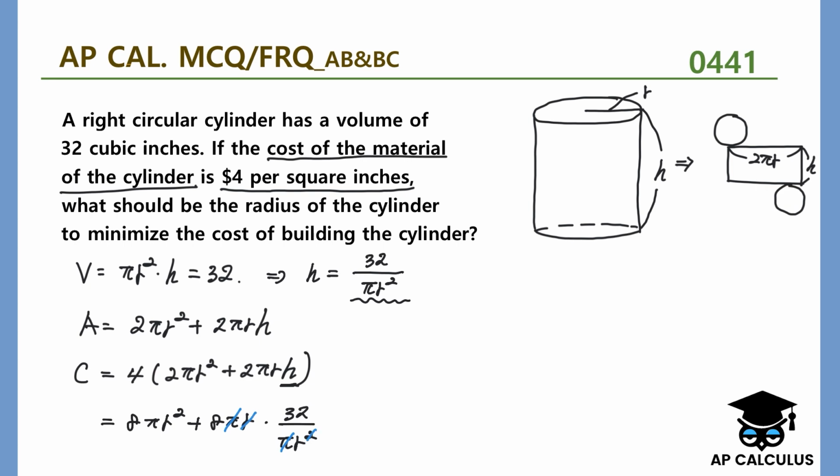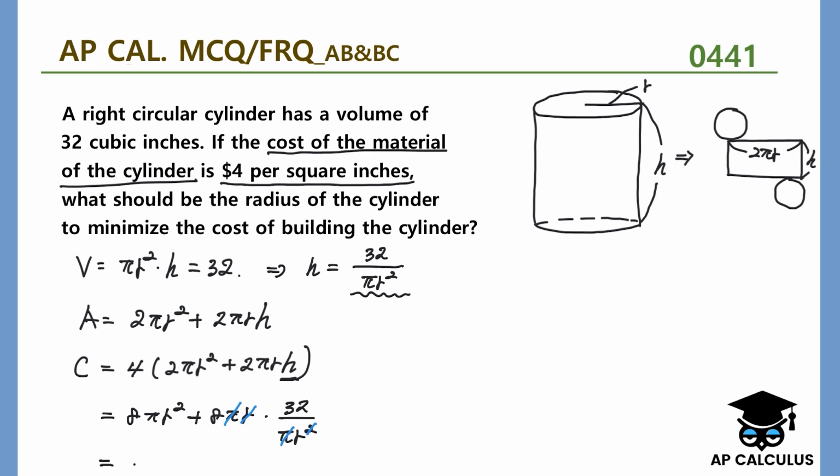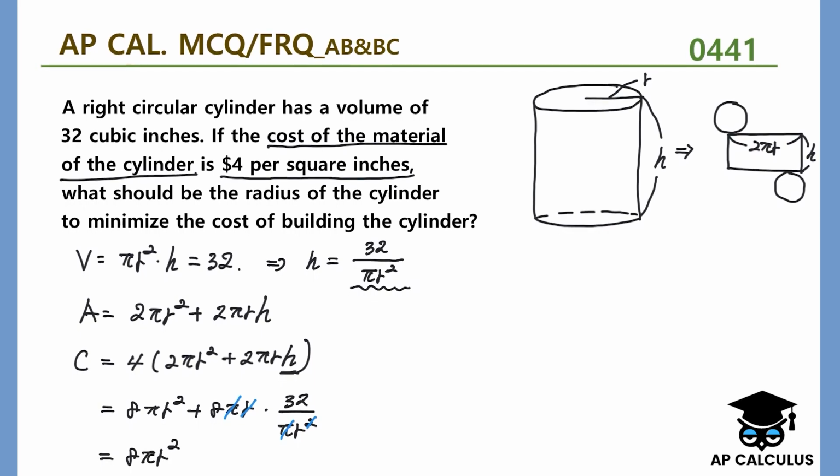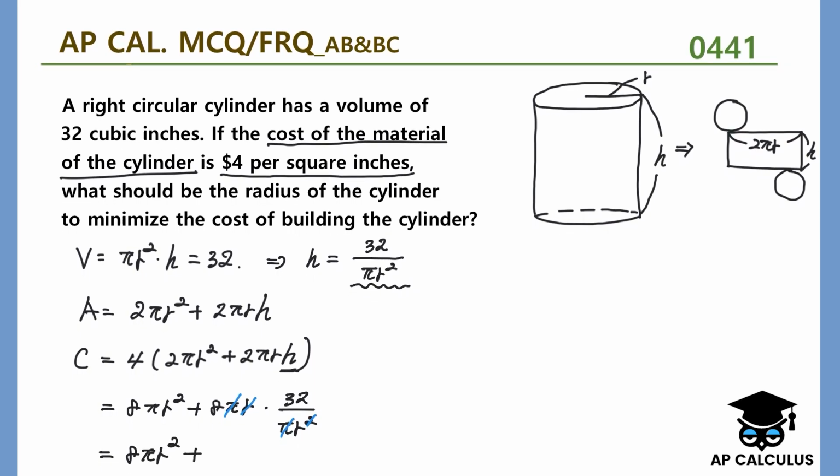Our cost now is equal to 8 pi r squared plus 8 times 32, that's 256, over r, because one of the r's is cancelled out. So we found our equation of the cost in terms of r only, one variable.